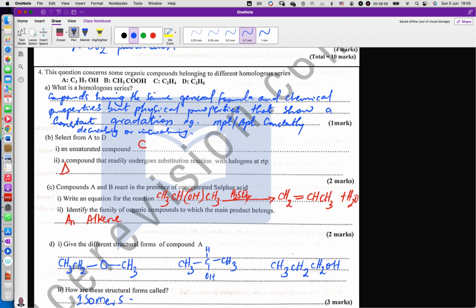A homologous series, once more. These are compounds having the same general formula and chemical properties, but physical properties that show a constant gradation.